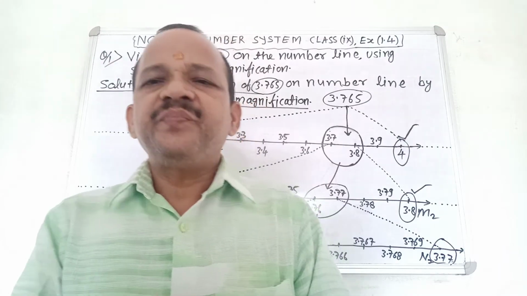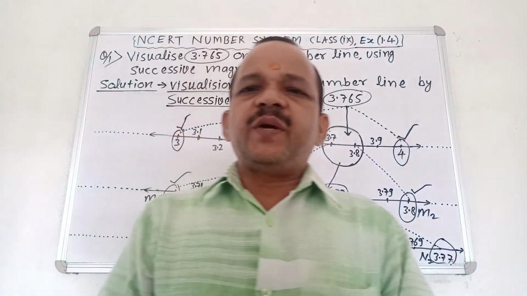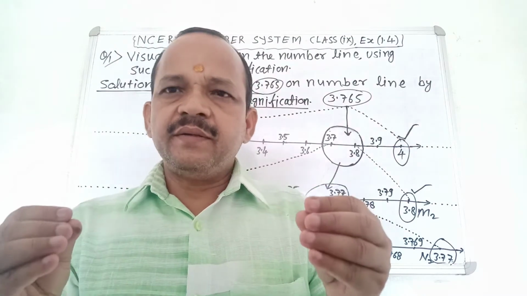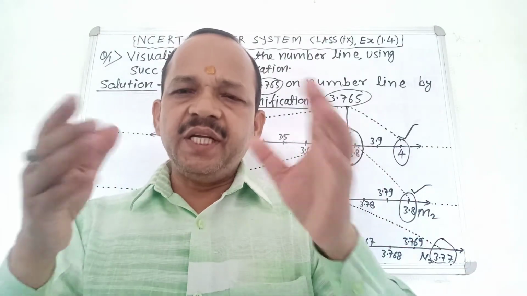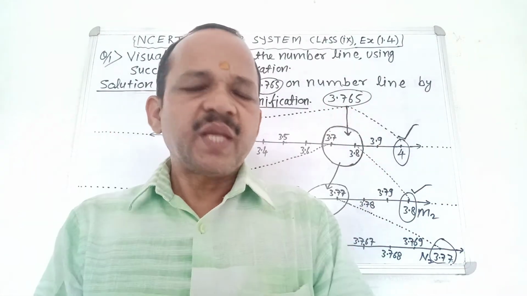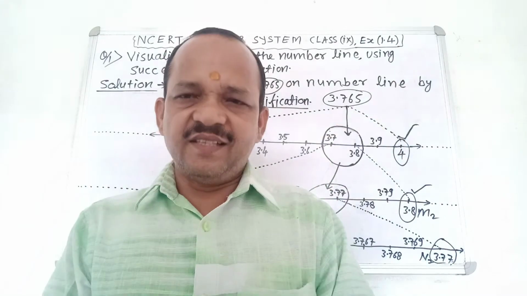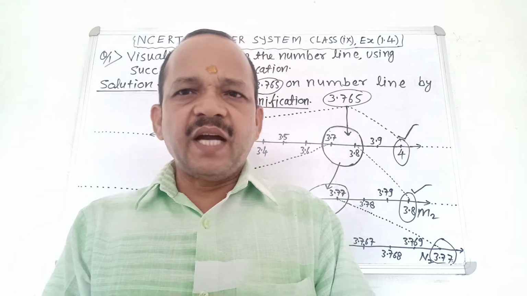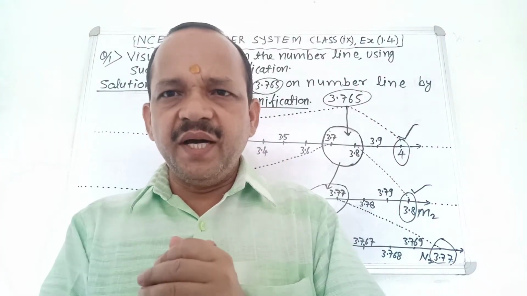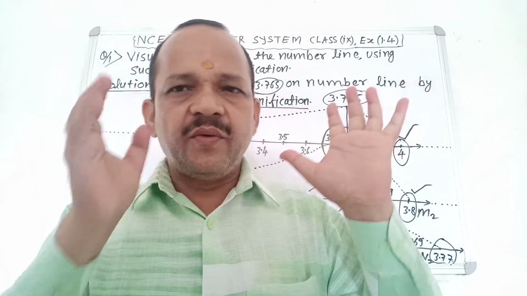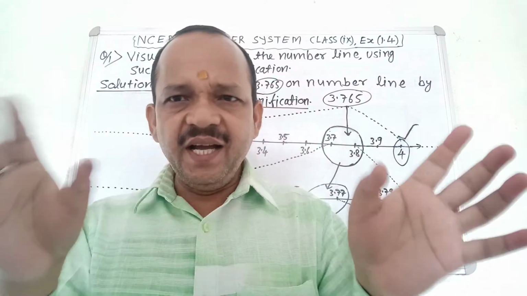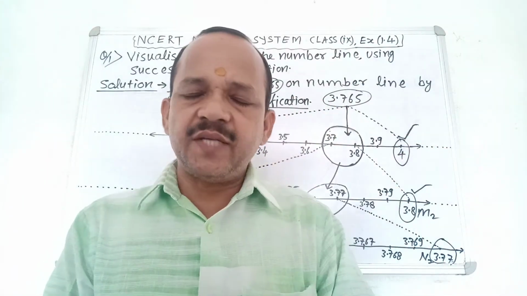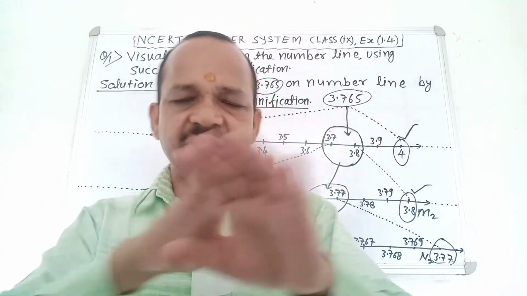Very good. I want to describe integers and the number line. Firstly, what are integers? Integers are the combination of whole numbers with the negatives of natural numbers.